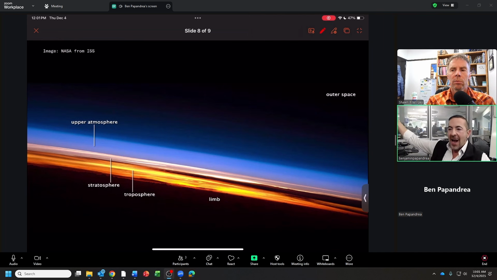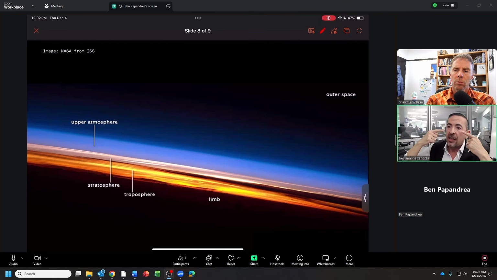So as visible light is coming into the atmosphere, the gases in the atmosphere, nitrogen, oxygen, split out the blue and violet the most. And human eyes are more sensitive to those shorter wavelengths of blue and violet. And we are especially sensitive to blue. So that's why the sky looks blue.